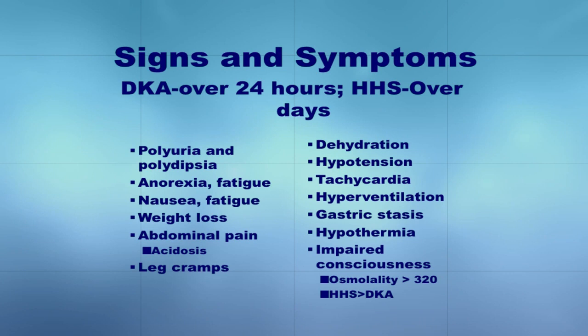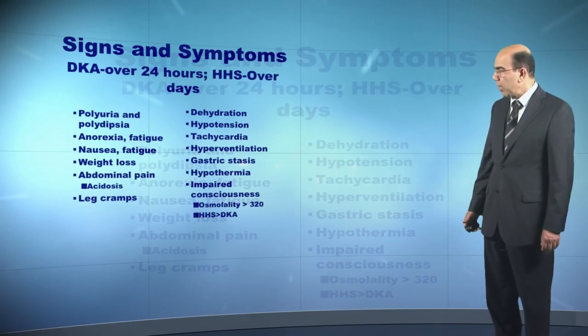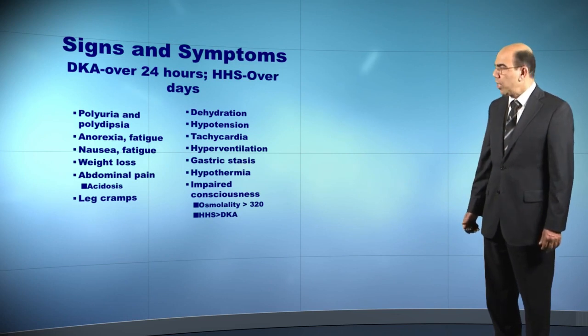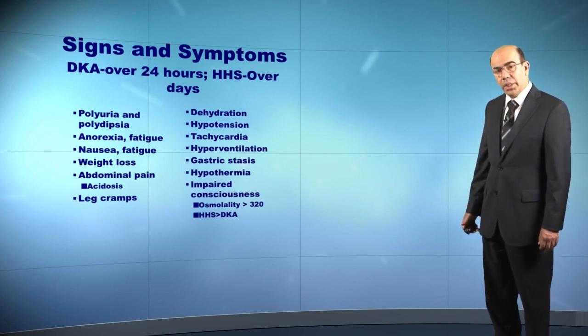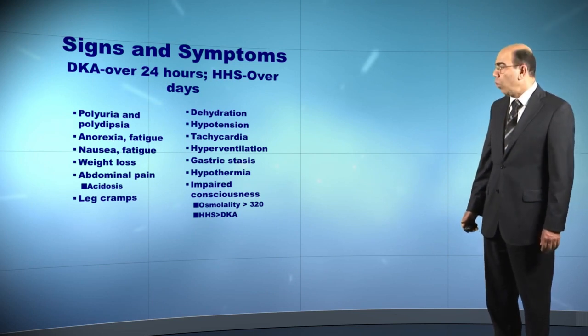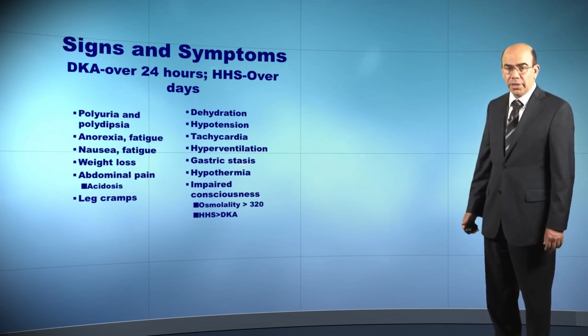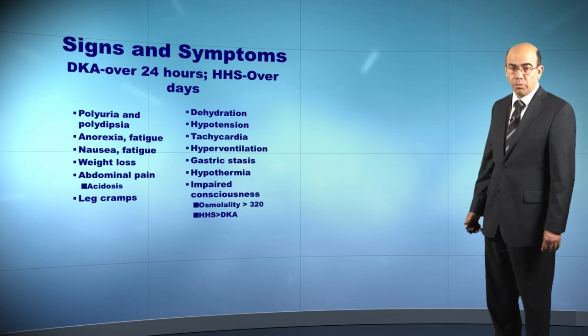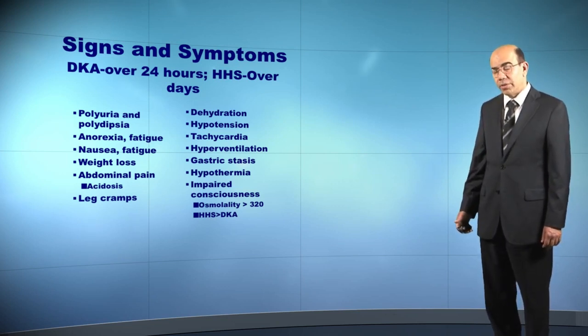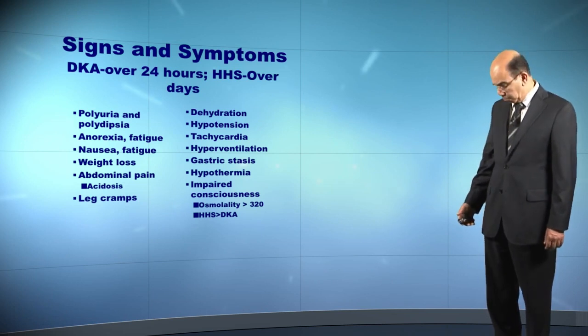Gastric stasis and hypothermia are apparent, and impaired consciousness only appears in severe DKA or HHS. Generally, it correlates with osmolality, with levels that are more than 320, and it is more common in HHS than in DKA.